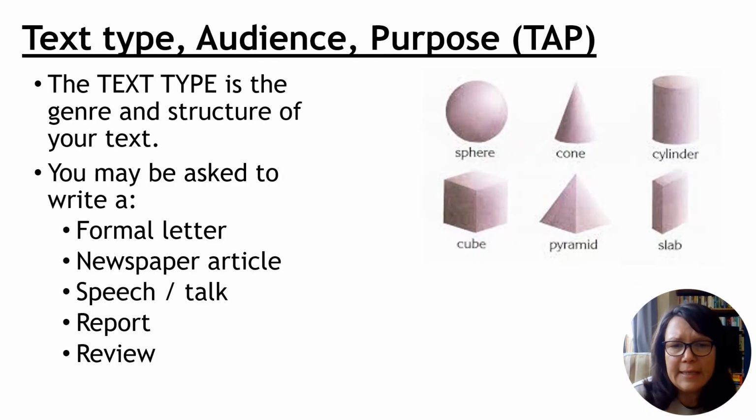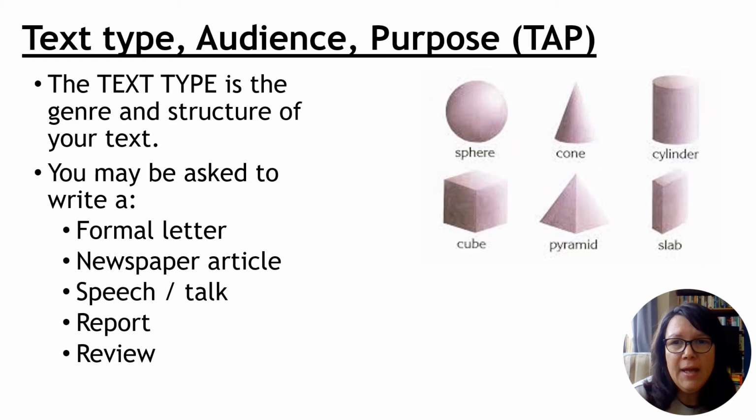Again, for every text type that you write, you need to have a really clear understanding of the text type and how it's laid out and how it should sound and what it needs to include in it, as well as who your audience is and what your purpose is. So we're going to have a look at some of those.